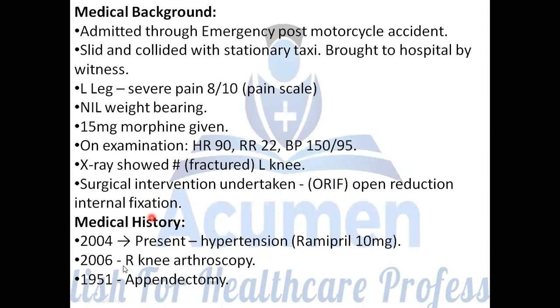From that, you can see the appendectomy, but that was a long time back. This letter is being written in 2018, and this was maybe at a younger age, and it has no direct connection with the patient's current condition. Then the arthroscopy that was done, but there is no result given. Arthroscopy is usually an investigation, so there's no result given.